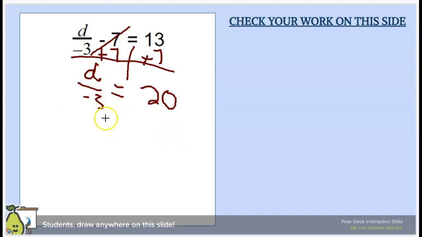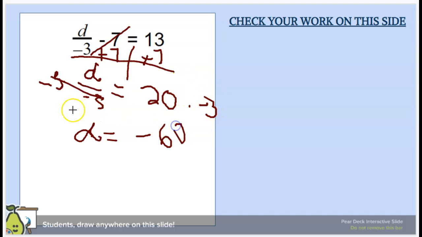And since this is division, the inverse of division is multiplication. And so I would multiply by negative 3. And I would end up with d equals, a positive times a negative is a negative, and 20, 40, 60.